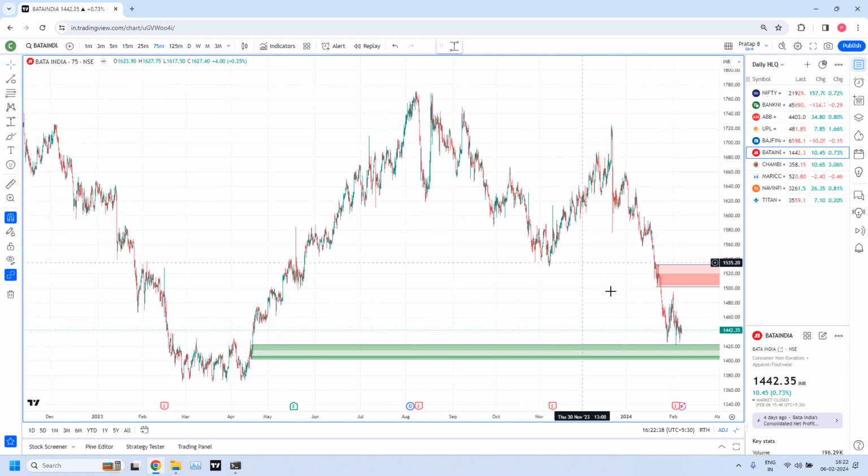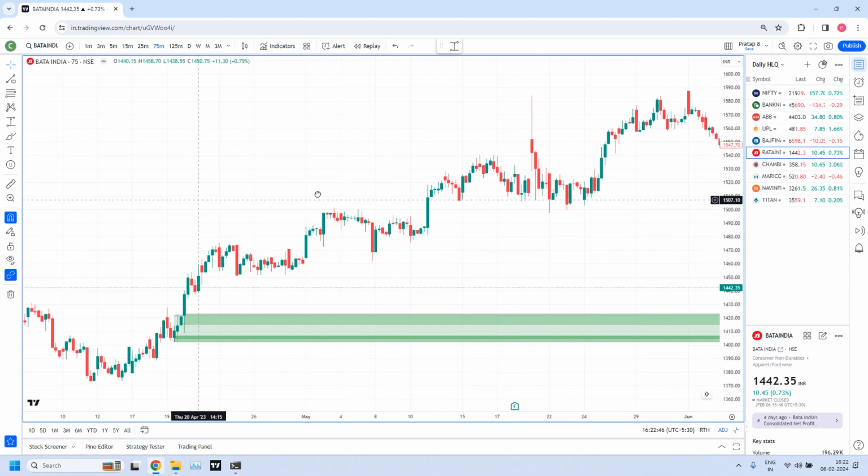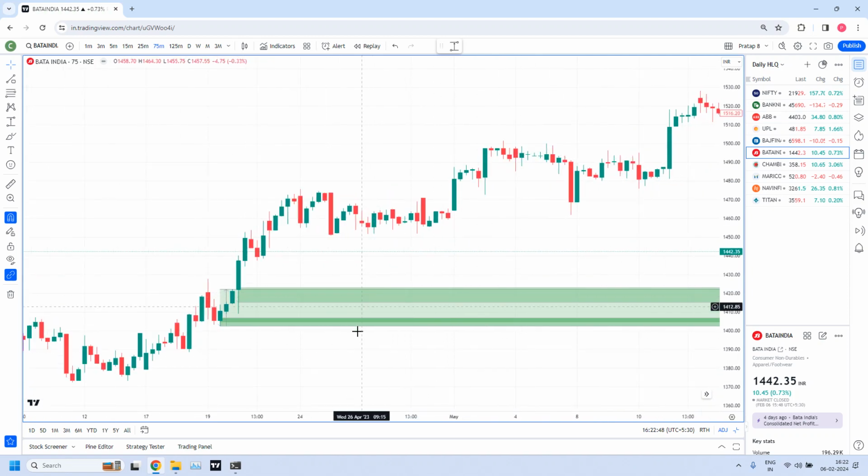Bata India is moving between the 75 minute demand zone and supply zone, but it was listed near the demand zone. We have an ERC candle again, 1, 2, 3, 4 base candles and a rally candle. Inside we identified two 15-minute zones. The first 15-minute zone is not a good zone.